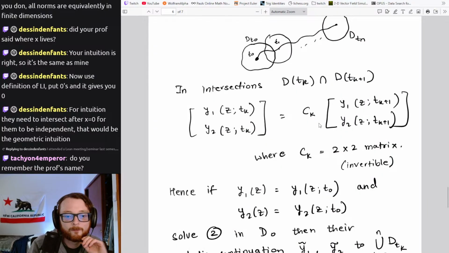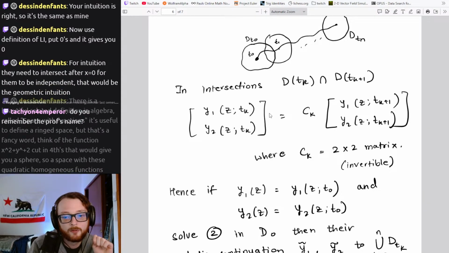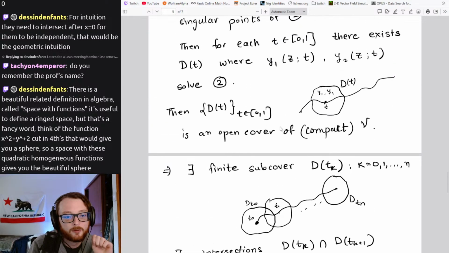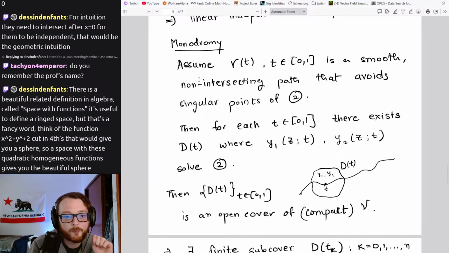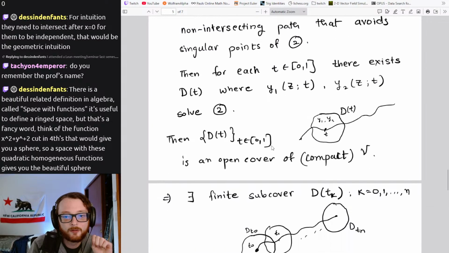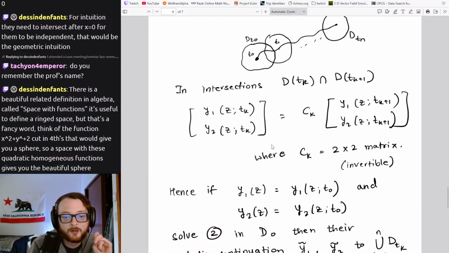Okay, so I made a simple example with e to the x and e to the 2x. The actual context where this came up was with second order differential equations. We're talking about monodromy.